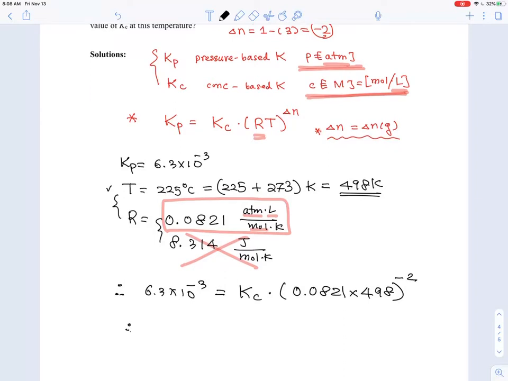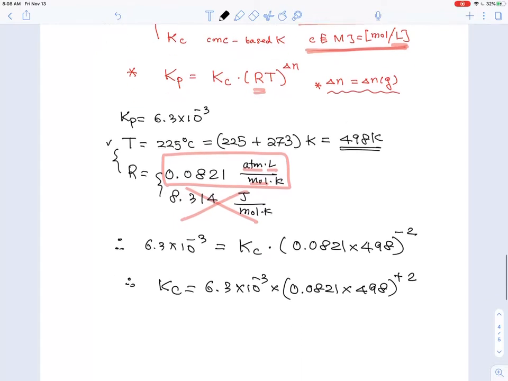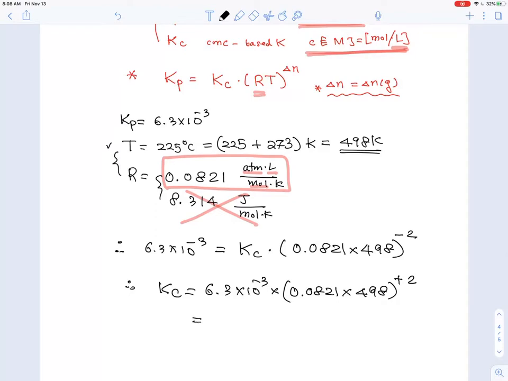So therefore, Kc is actually 6.3 times 10 to the minus 3 multiplied by 0.0821 times 498 to the actually plus 2 power. And then because this one has 2 significant figures and this has 3 significant figures, I can just carry 2 significant figures, which is 11.